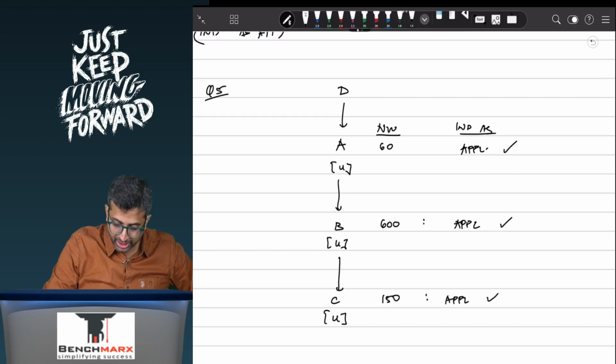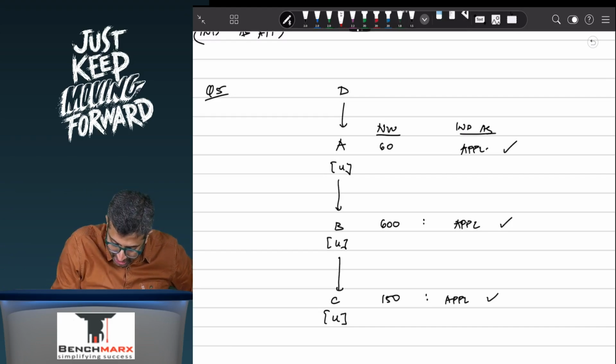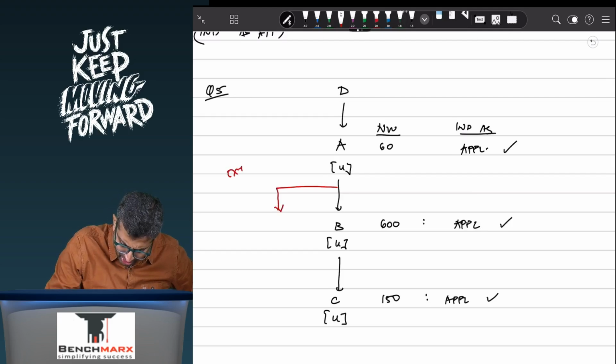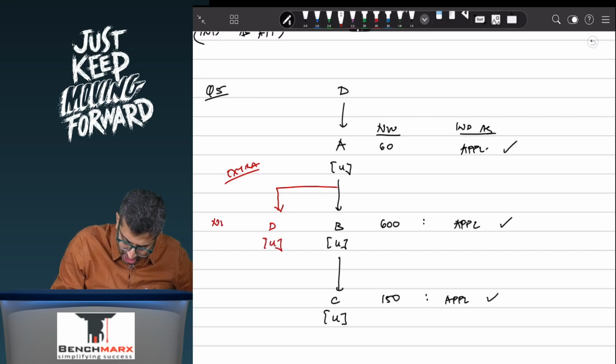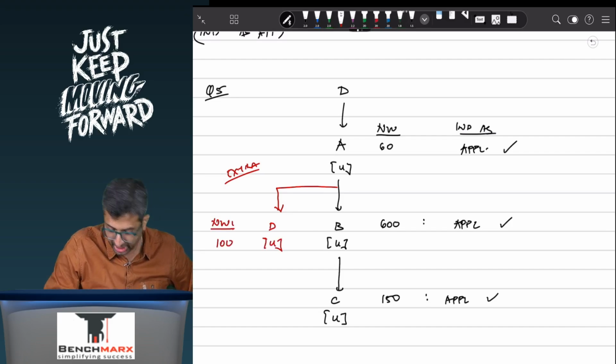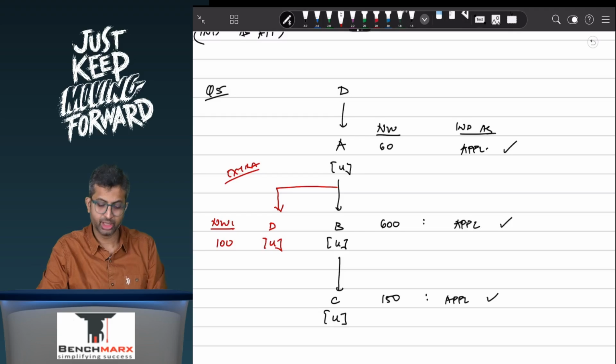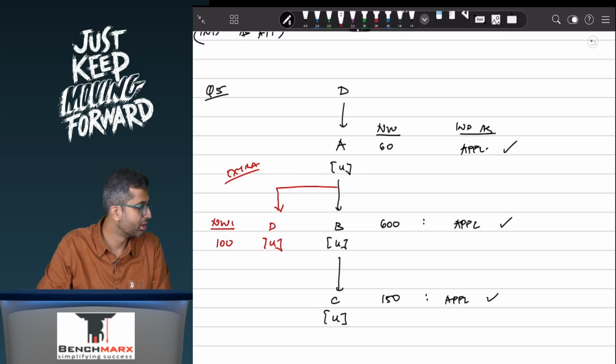Okay, let me ask you an extra point. Let's say A also had another subsidiary, let us say D, which is also unlisted, and the net worth for D was 100 crores. Think and tell me, for D, will Ind AS be applicable?